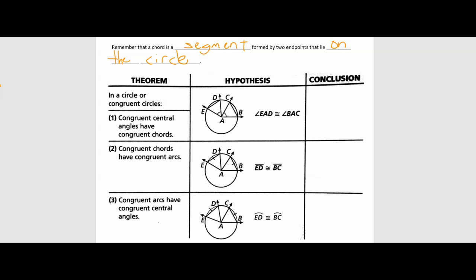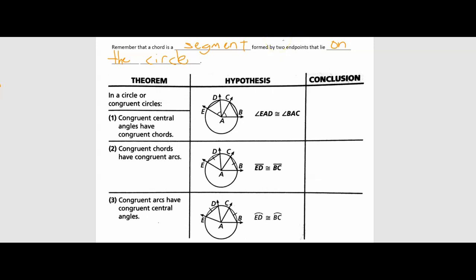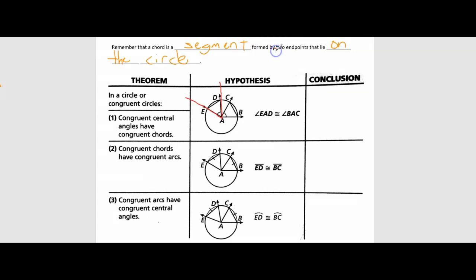First theorem. In a circle or congruent circles, congruent central angles have congruent chords. So again, central angle, an angle where the vertex is the center. So we have this central angle in red. We have this central angle in pink.